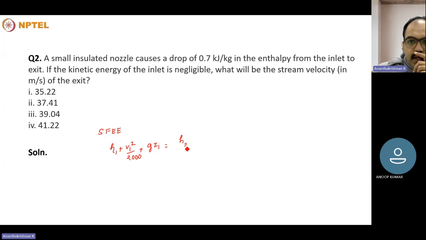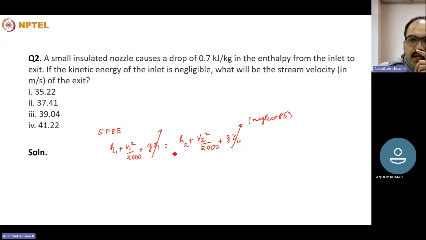The enthalpy is basically U plus PV, the energy plus the flow work term. So on the exit side, we have enthalpy, V2 squared divided by 2000, plus gZ2. We can neglect potential energy in this problem because nothing is given, so we can assume both are at the same elevation.